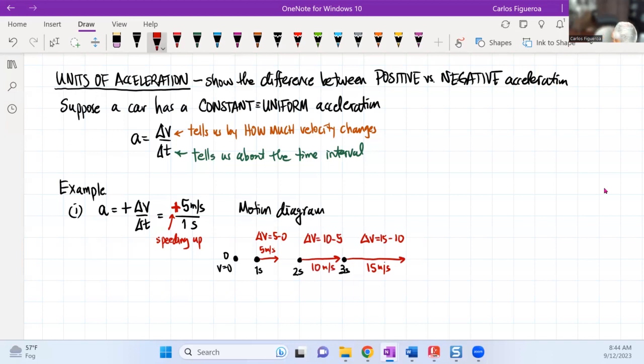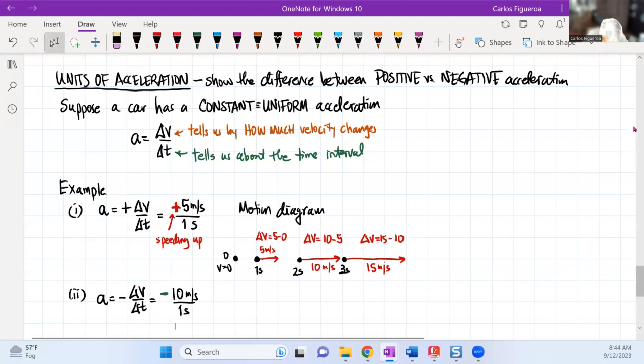On the other hand, if I am slowing down, I can have an acceleration that has a negative sign. So if this has a negative sign, like this, then we could say that this car is changing speed every 1 second by negative 10 meters per second.